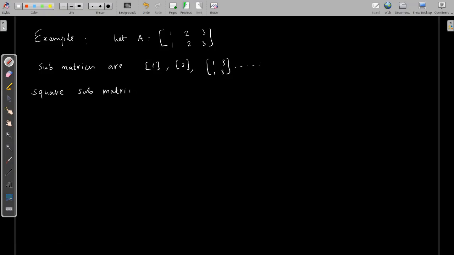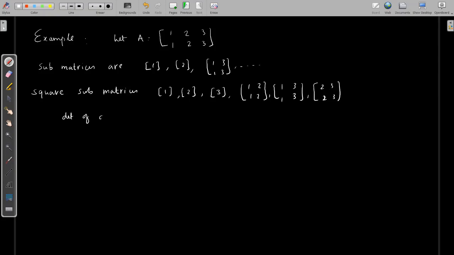But the only possible square submatrices are these 6: 1, 2, 1, 2; 1, 3, 1, 3; 2, 3, 2, 3. Determinant of all these 2 by 2 square submatrices are 0, while the minor of order 1 is non-zero. Then we define rank of A is 1. It is denoted by rho of A is equal to 1.